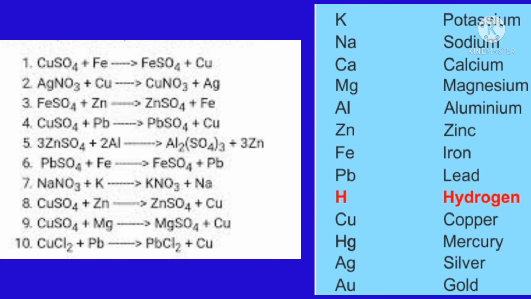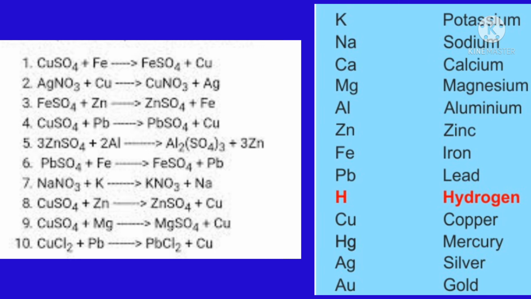Look at all these equations. Second equation, copper is a metal and silver is a metal ion. And the third equation, zinc is a metal and iron is a metal ion. And the fourth equation, lead is a metal and copper from the salt is a copper ion. And the fifth equation, aluminum is a metal and zinc from the zinc sulfate salt is zinc ion.